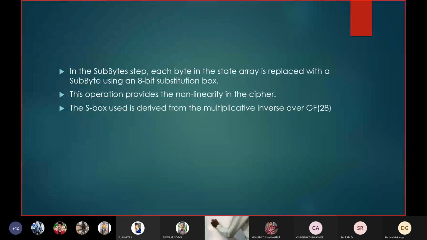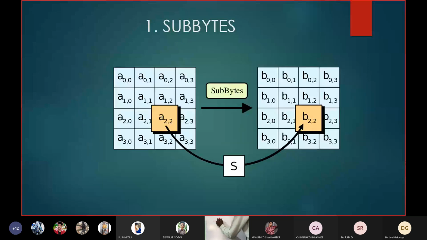For example, the first one was A00, A01, A02, A03. It's a matrix of 4 by 4.